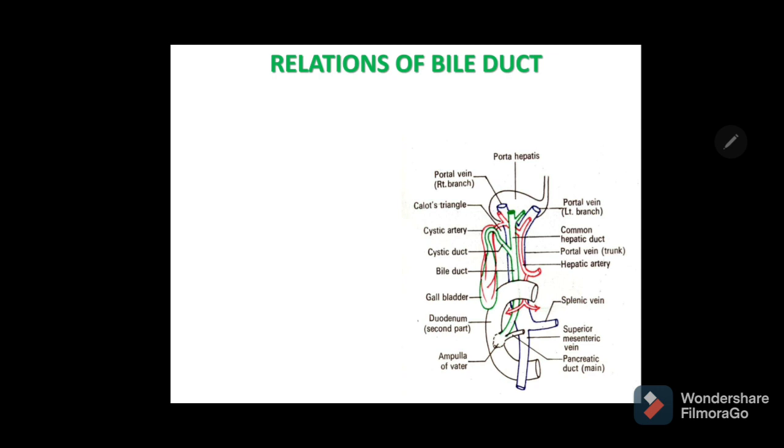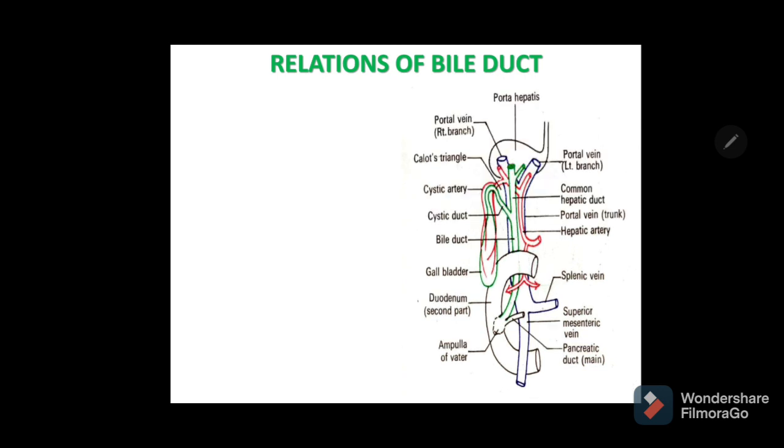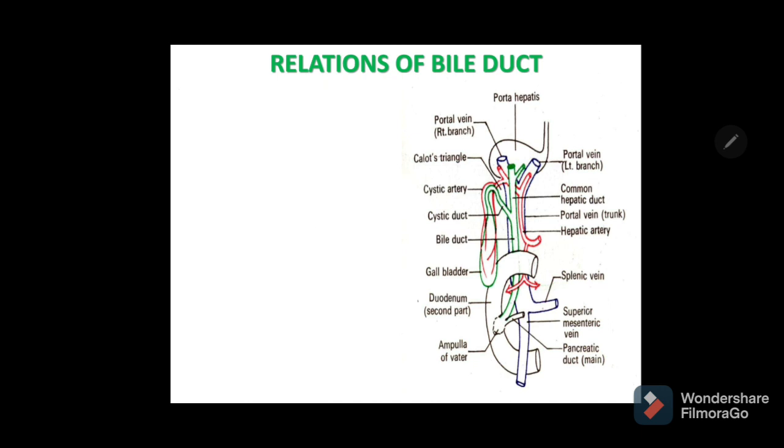of Vater. Coming to the relations of the bile duct here, it is divided into supraduodenal, retroduodenal, and infraduodenal parts, and also intraduodenal, how it enters into the second part of the duodenum. And coming to the supraduodenal part, as you can notice here, posteriorly you are seeing the portal vein, and anteriorly the left hepatic artery is related to the common bile duct.